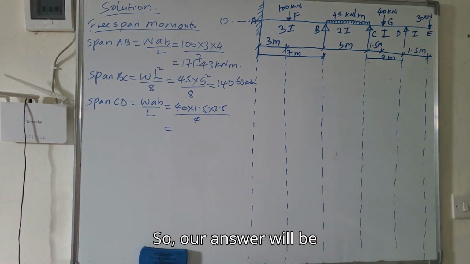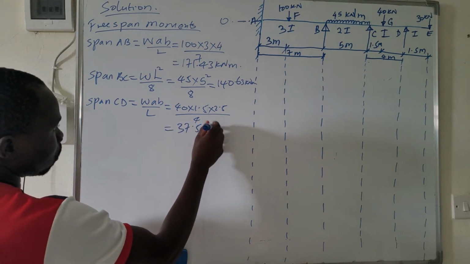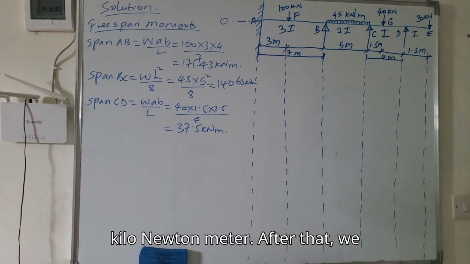So our answer will be 37.5 kilonewton meter.